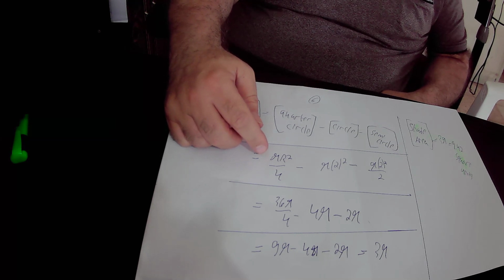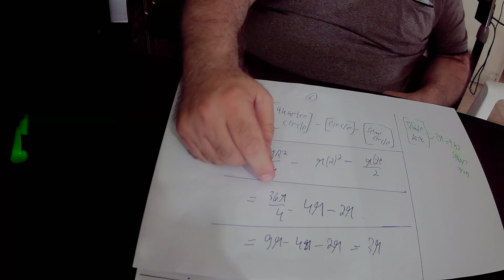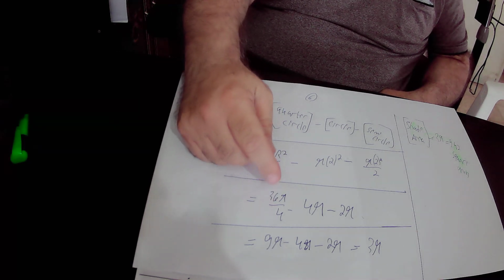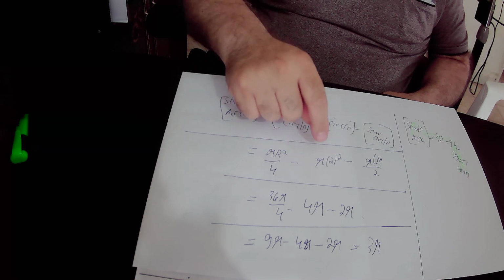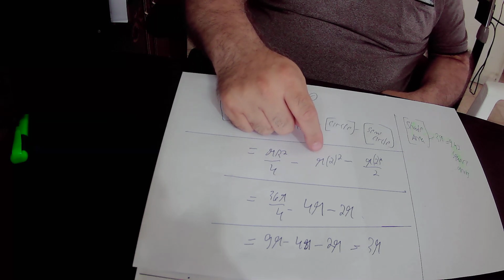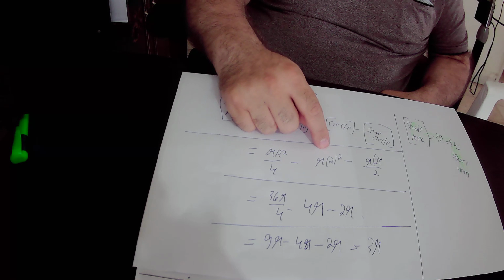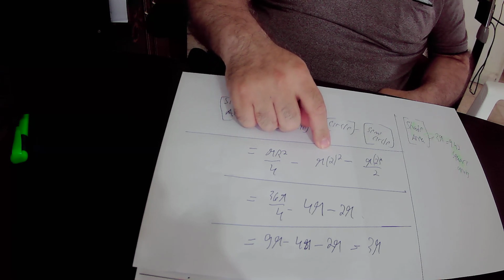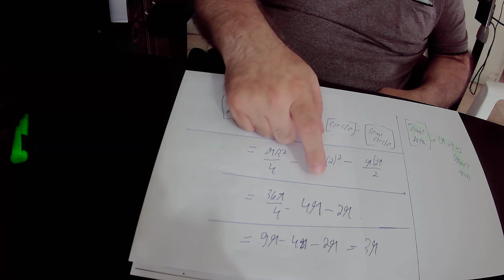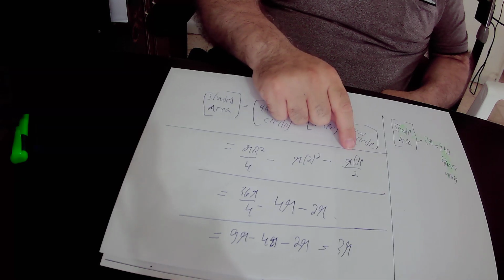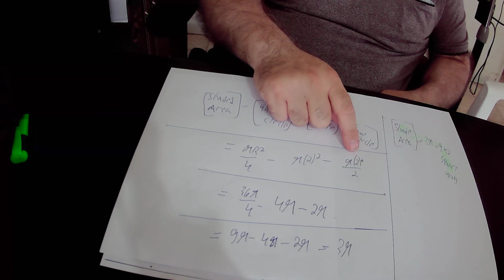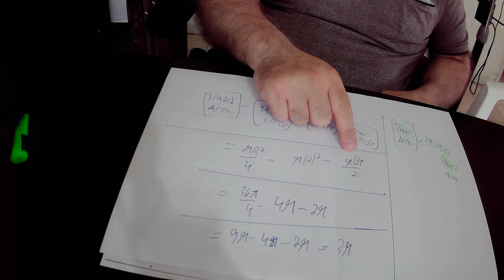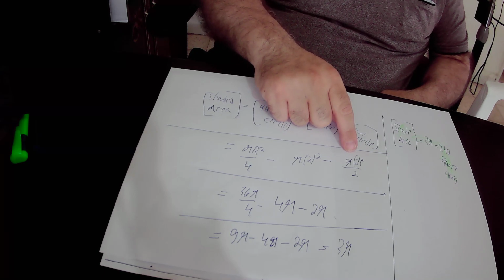So the area of the quarter circle is pi times 36 over 4, and the area of the circle is pi 2 squared. 2 squared is 4, so this expression equals 4 pi. Here we have pi 2 squared over 2. 2 squared is 4, 4 over 2 is 2, so this expression equals 2 pi.